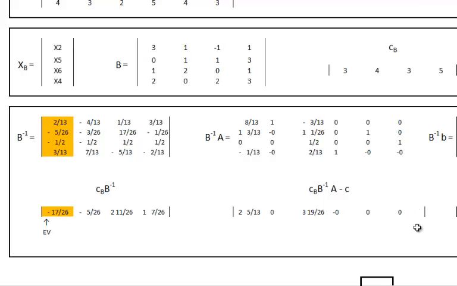Now notice that there is no negative number in here. There are actually two negative numbers in here, and this is the more negative value. Therefore, this, which belongs to the S1 column, is the entering variable. Again, we will perform our min ratio, but this time this is the pivot column.